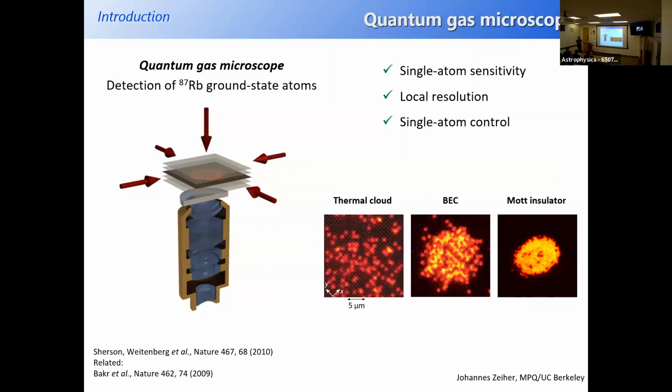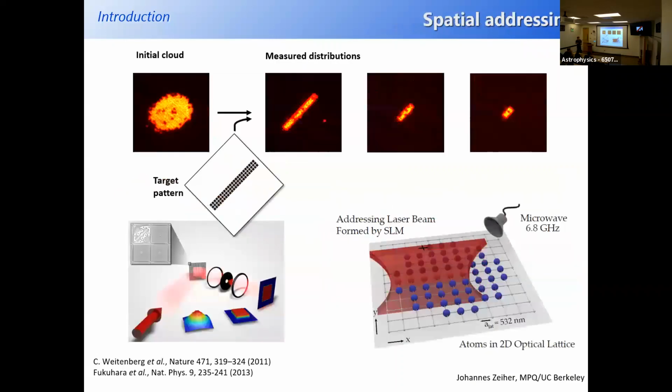I told you that these quantum gas microscopes give you very neat detection techniques. They also give us very good control techniques. Starting from such a Mott insulator state, using the knowledge that there are exactly single atoms per site, we can target or design any arbitrary density pattern using light patterns.